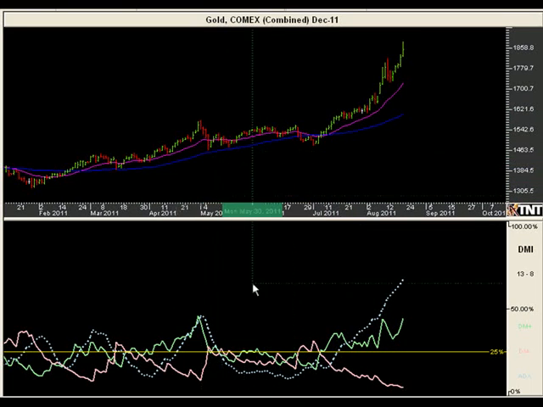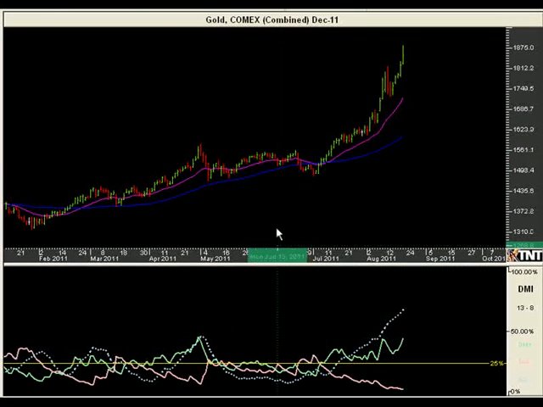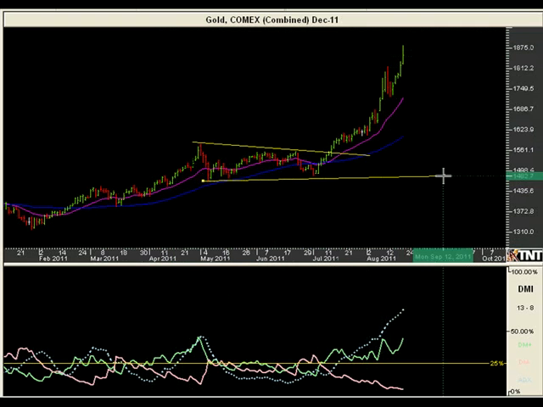Now, what I actually like to do is, even though this doesn't look like a very tradable formation, it's actually a very good clue that the market is setting up to do something very, very soon. And so what I will do is I'll take a look at what the basic market formation is, and I'll draw a couple of trend lines on it, whether it be a triangle or a trading range or whatever the case.